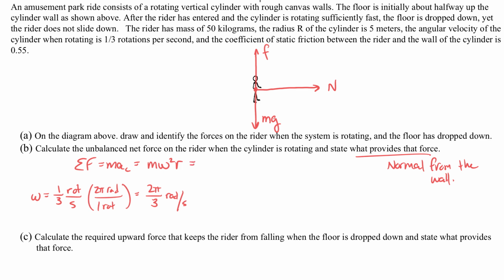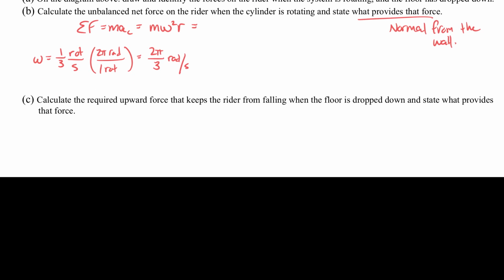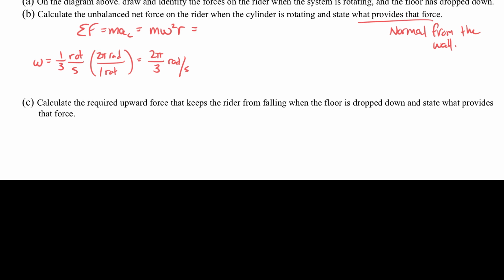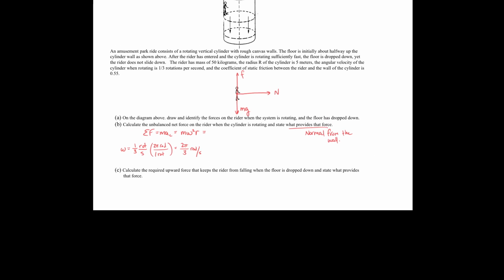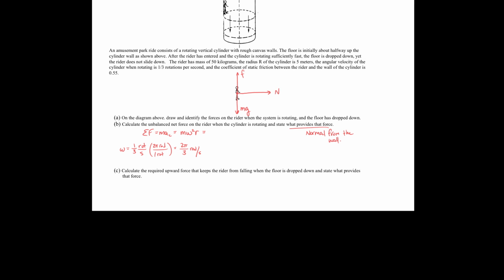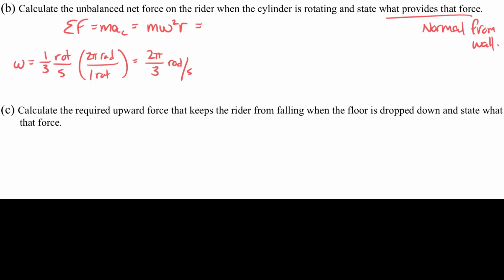So now this equals M, I don't know, how big was this guy? 50 kilograms. So 50 times 2 pi over 3 squared times 5. I don't have my calculator handy. It's over on my teaching desk. So I will have to use my phone, which is not good.